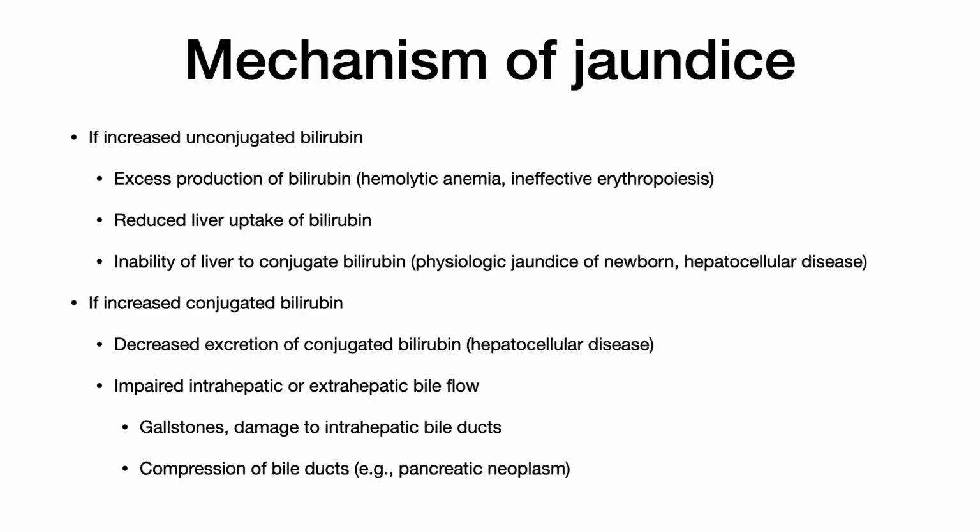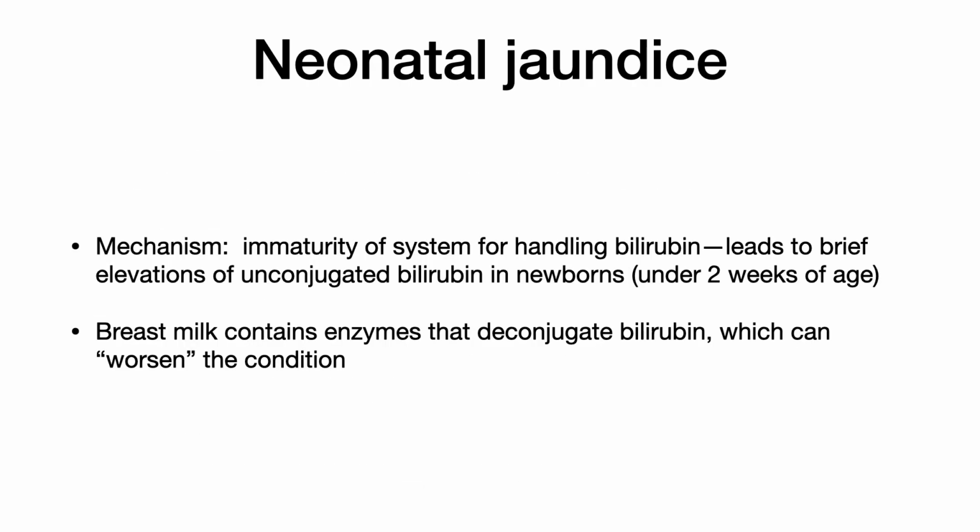And then impaired intrahepatic or extrahepatic bile flow, obviously the bile has to get out. So gallstones or damaged intrahepatic bile ducts can cause abnormal flow, or compression of bile ducts, for example, a pancreatic neoplasm. A neoplasm in the head of the pancreas can push on the common bile duct and cause obstruction, leading to jaundice.